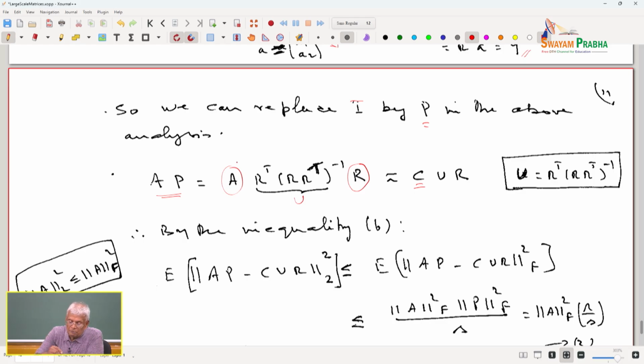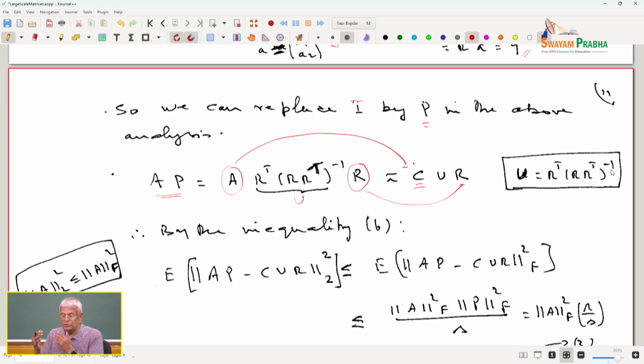I am going to replace A by C, R by R, and the intermediate term, which naturally comes as U. And what is U? U is R transpose (R R transpose) inverse. So, this is one way to obtain the sketch.